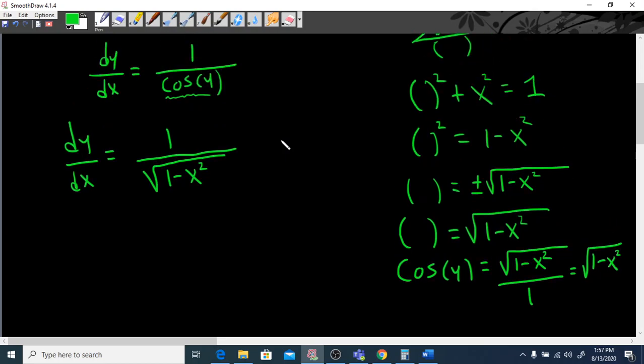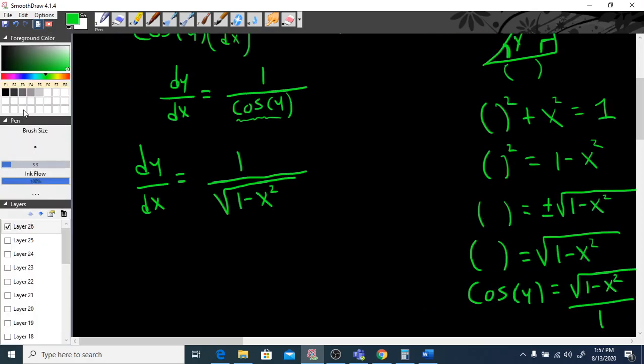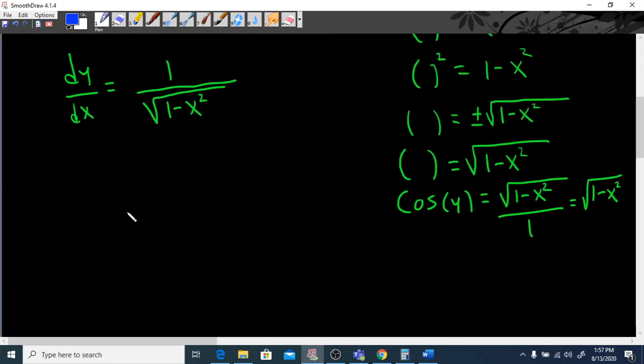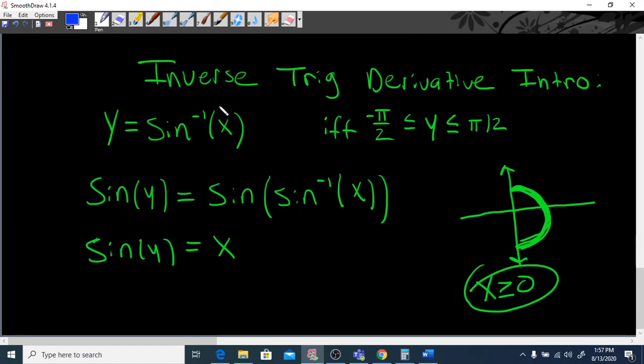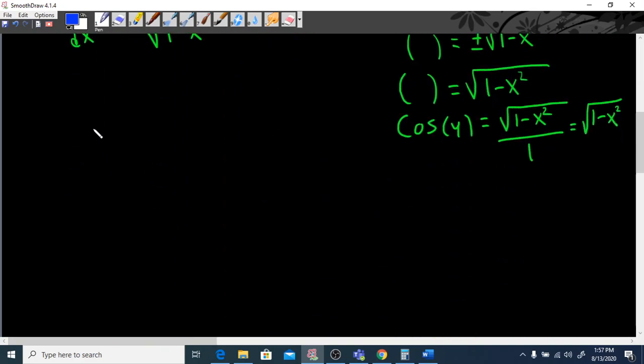Now let's take this and generalize it. This whole process is going to be exactly the same, except let's suppose instead of y equals the inverse sine of regular x, which was all the way down here, we say, what if we have y equals the inverse sine of some function?